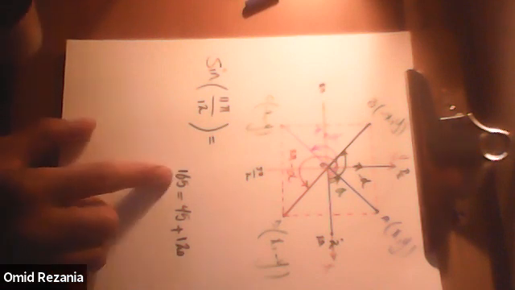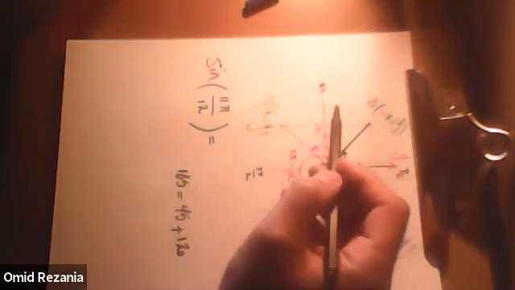But 11 pi over 12, as I said, becomes 165. How did I get that? I replace pi by 180, so it becomes 11 times 180 divided by 12, which takes us to 165. Okay, and now my plan starts from here. I say, okay, 165 degrees is going to be somewhere in the second quadrant.